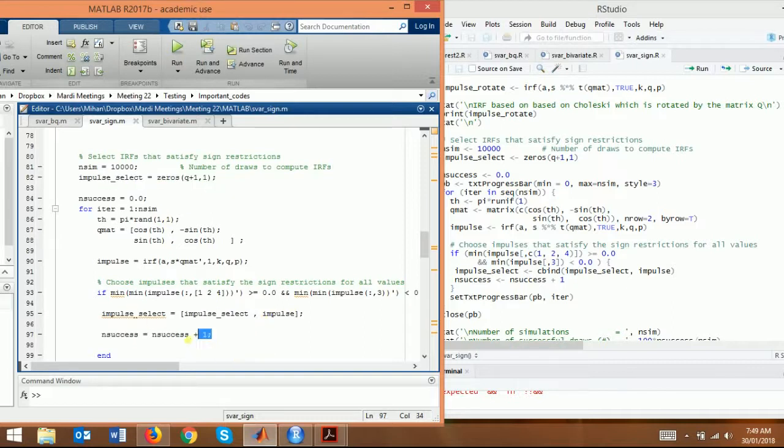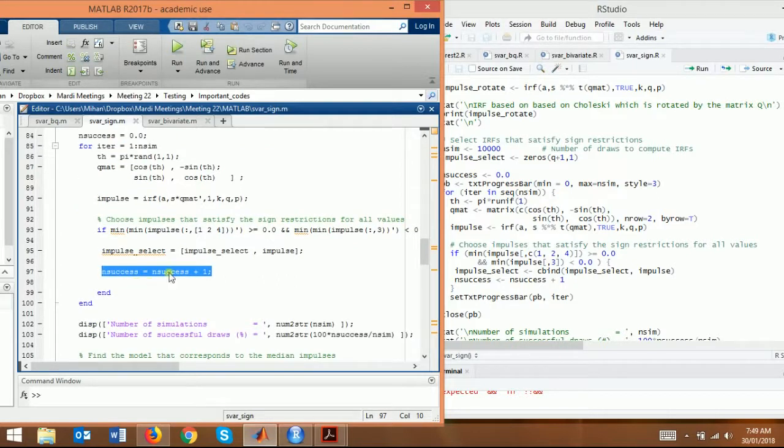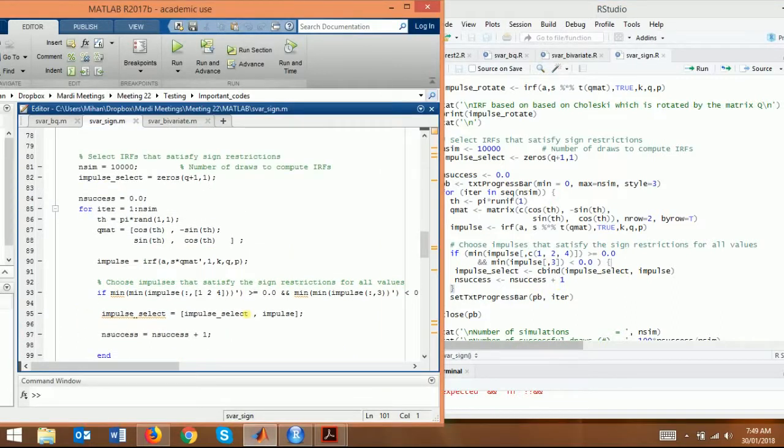Number of success is number of success plus 1, because there is a loop, it will go on by 1. Number of success will continue to increase from 0. The purpose of these two lines of code is to see how many iterations we have done, how much of the iteration is done. All right. 1 to number of simulation.